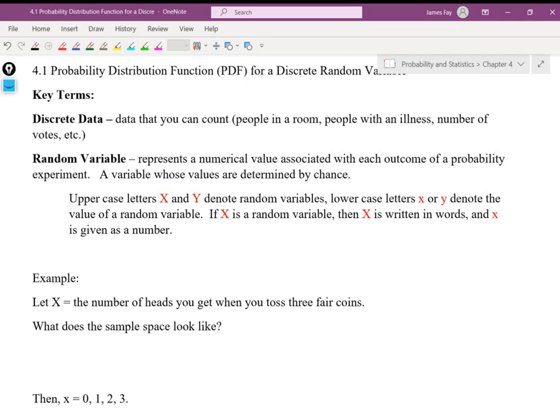Let's say we're doing a study where we ask people, to the nearest hour or to the nearest half hour, what is the amount of time you spend studying in a week? Our results could be 0.5, 1, 1.5, 2, 2.5, 3.